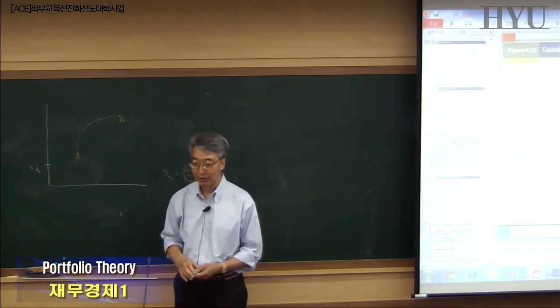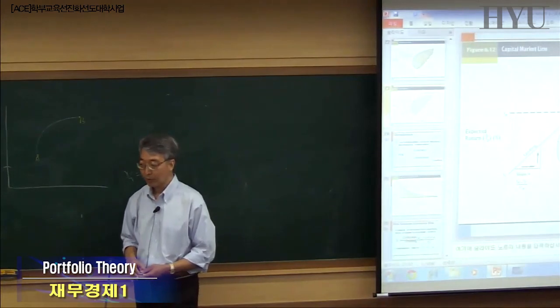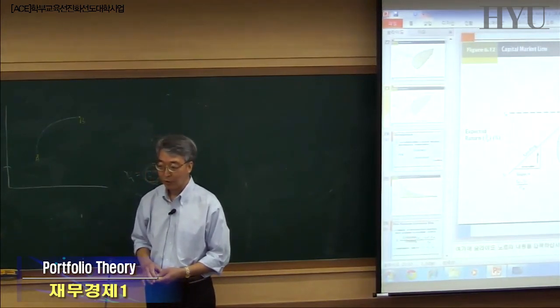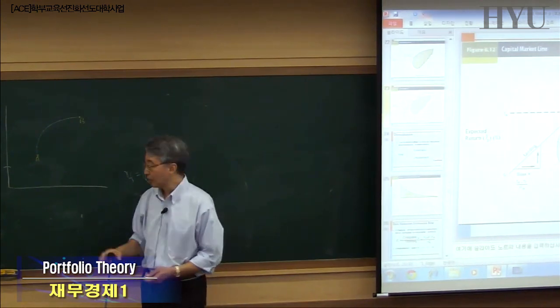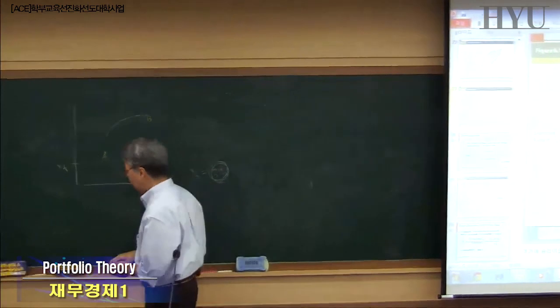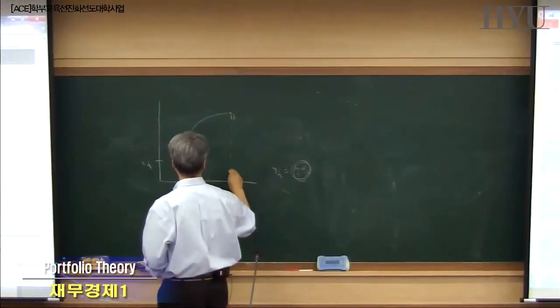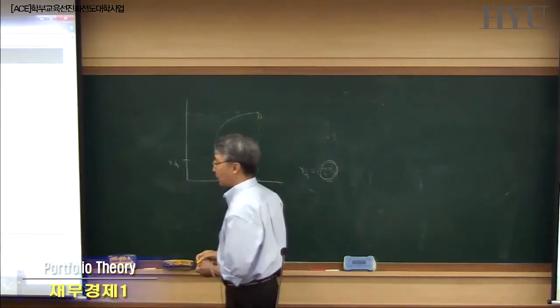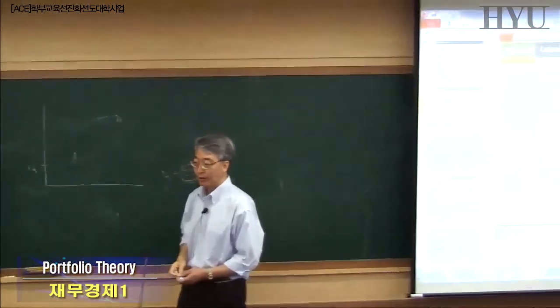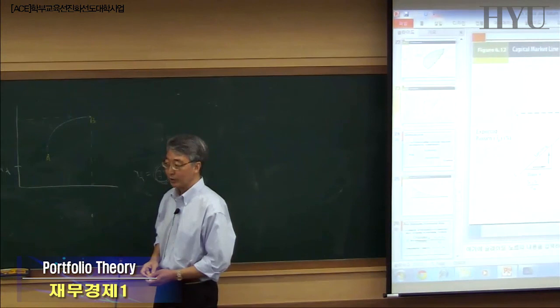What's the difference? Risk preference, okay? In other words, how much risk are you willing to take, right? Obviously, if you take higher risk, you can expect higher return, right? But do you have a stomach for that, right?